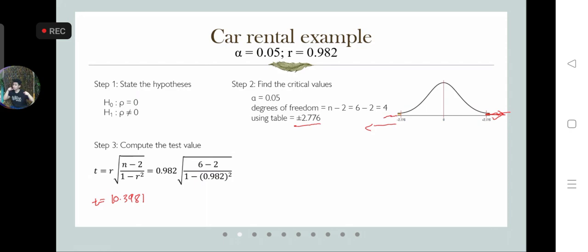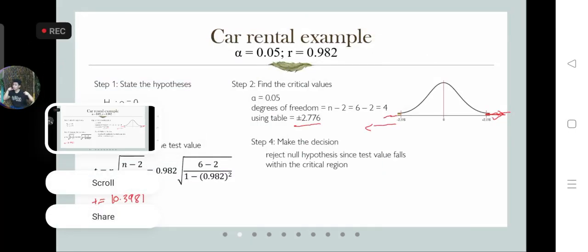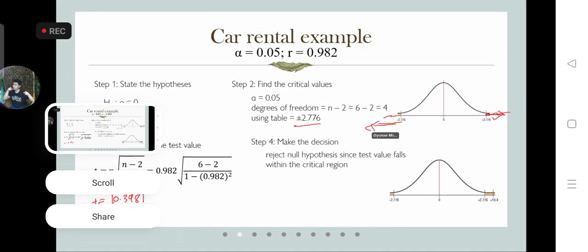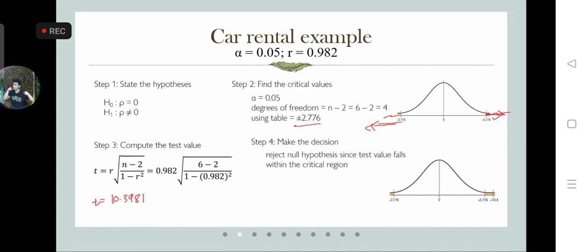Since we already have our test value, we will then make our decision using the test value and the critical values. Anything less than negative 2.776 is part of the critical region, and values greater than 2.776 are still within the critical region. If we graph this, 10.3981, rounded up to 10.4, falls within the critical region.